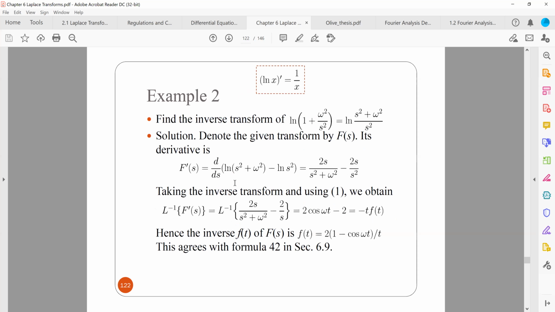You're given to find the transform of ln, the natural logarithm, of 1 plus omega squared over s squared, which we then turn into an improper fraction, the natural logarithm of s squared plus omega squared divided by s squared.